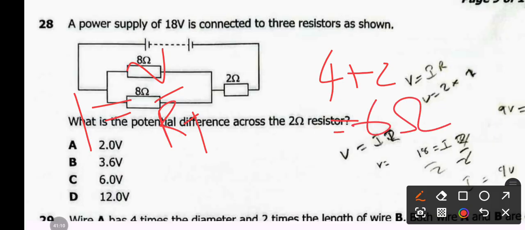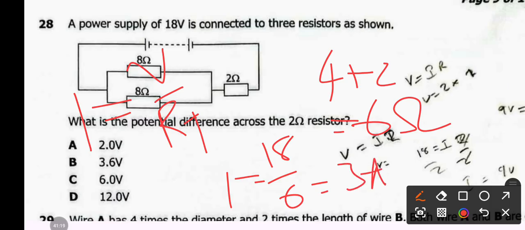Then I is V over R, which is 18 over 6, equal to 3 amps. So the current flowing throughout the circuit is 3 amps.